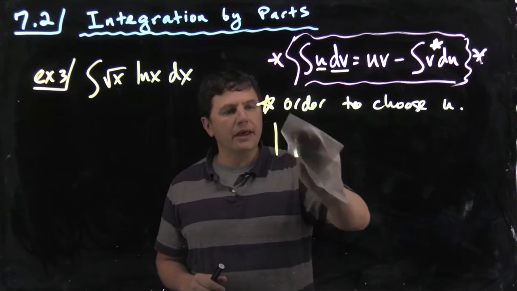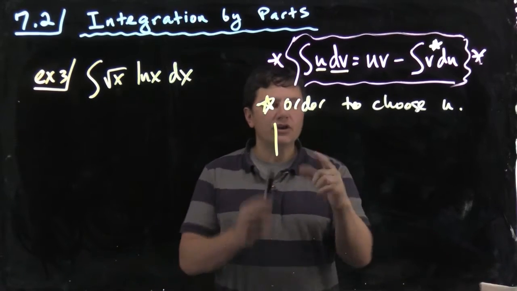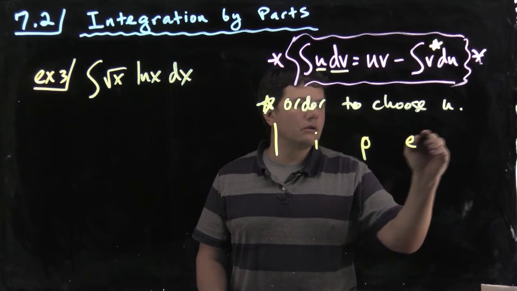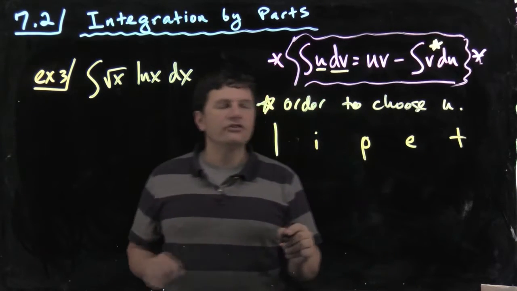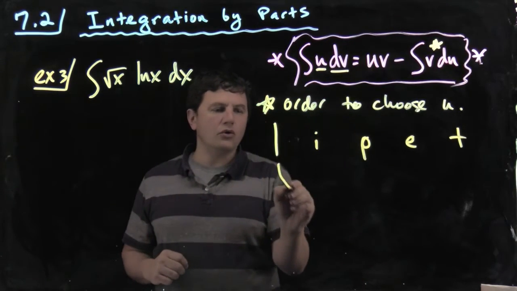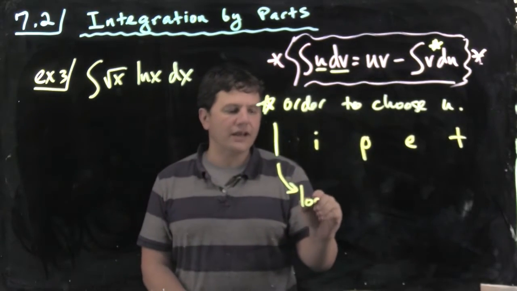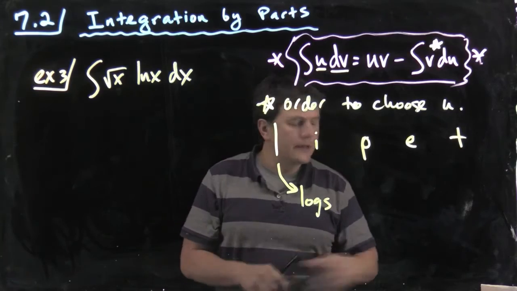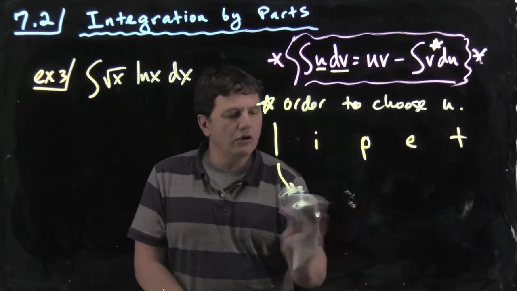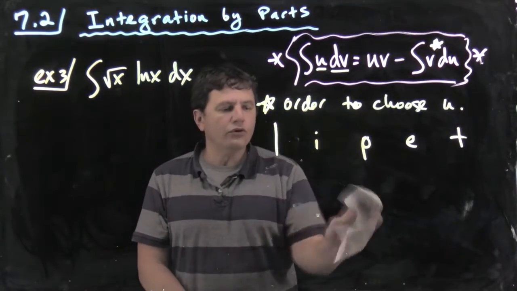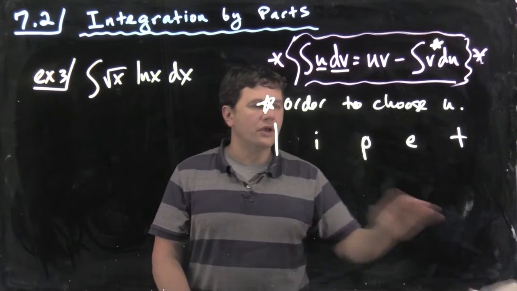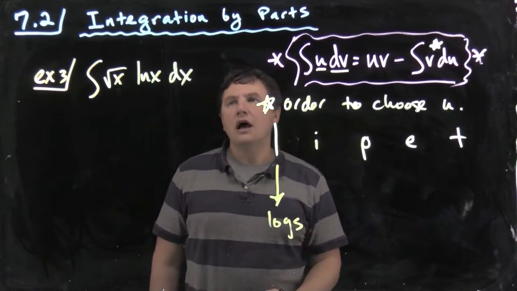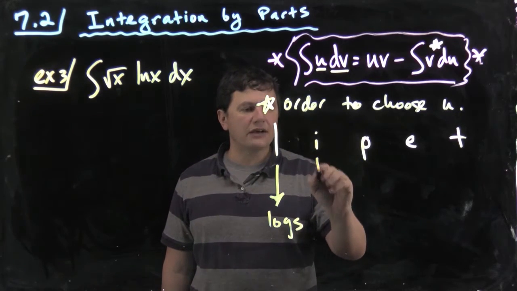If you just remember LIPET, and you just go down the line. So if I look at my integral and there's any logs of any kind, and that of course includes ln of x, that's a log of base e, any logs at all, I'm going to let that equal u right off the bat. So I just go down the line here. These are logs. If there's no logs, then I go to the next one.